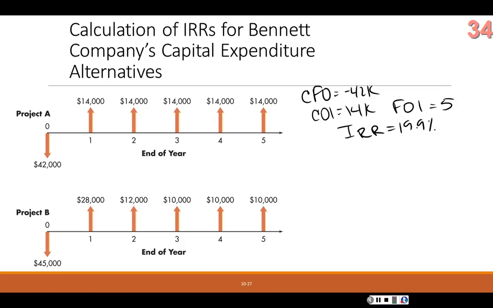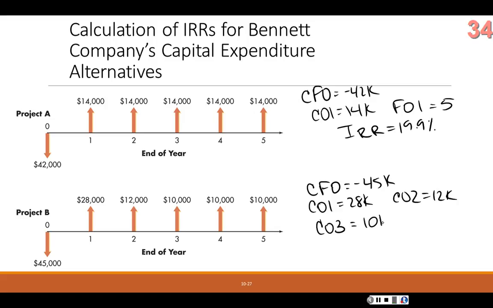We can do the same thing for our second project. The cash flow at time period 0 is a negative $45,000. Cash flow at time period 1 is $28,000. Cash flow at time period 2 is $12,000. Cash flow at time period 3 is $10,000 with a frequency of 3.